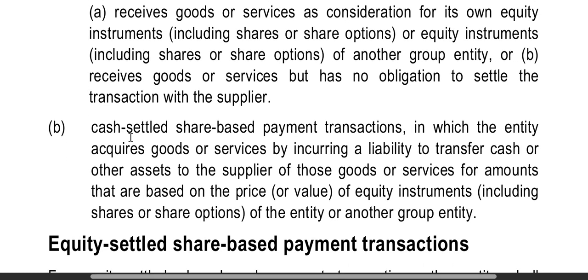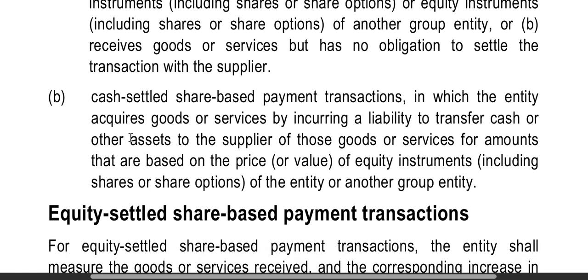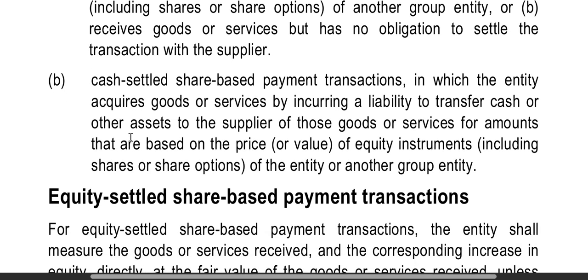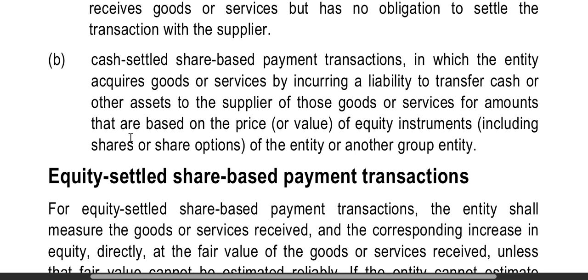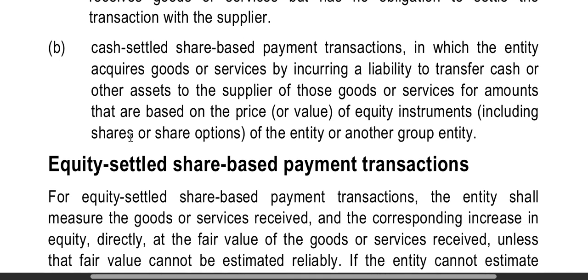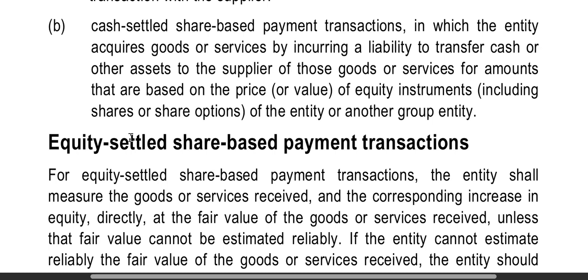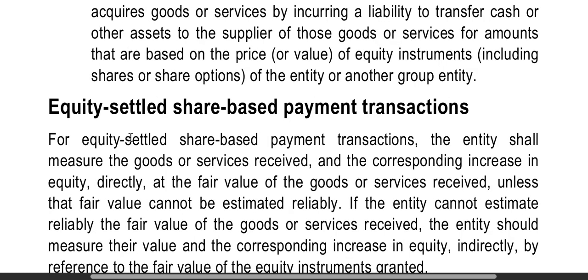Cash-settled share-based payment transactions, in which the entity acquires goods or services by incurring a liability to transfer cash or other assets to the supplier for amounts based on the price of equity instruments, including shares or share options, of the entity or another group entity.